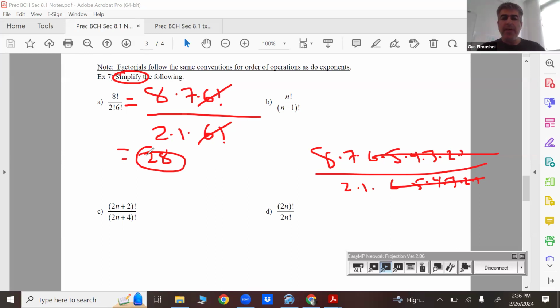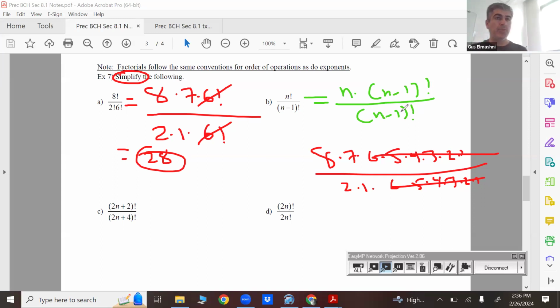But yeah, no, that's the trick, is that you can rewrite the factorial as one of the other factorials, kind of like a subfactorial, if that makes sense. Like in the case of B now, I can write it as n times n minus 1 factorial. I don't know what n is, guys, but here's the deal. I know the next term is n minus 1, then minus 2, and so forth.